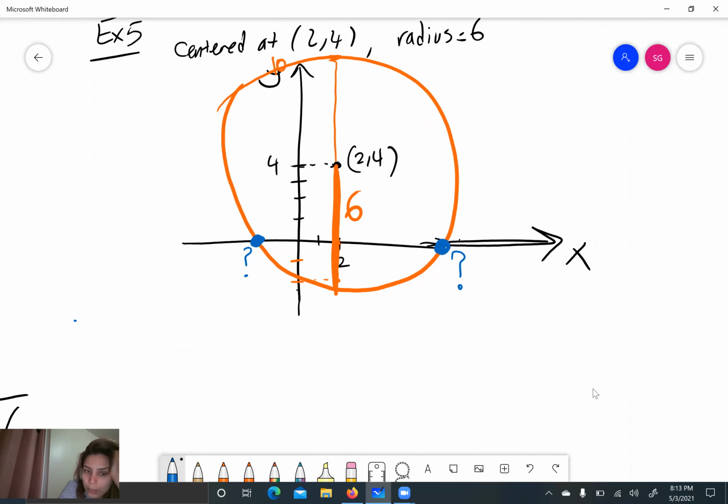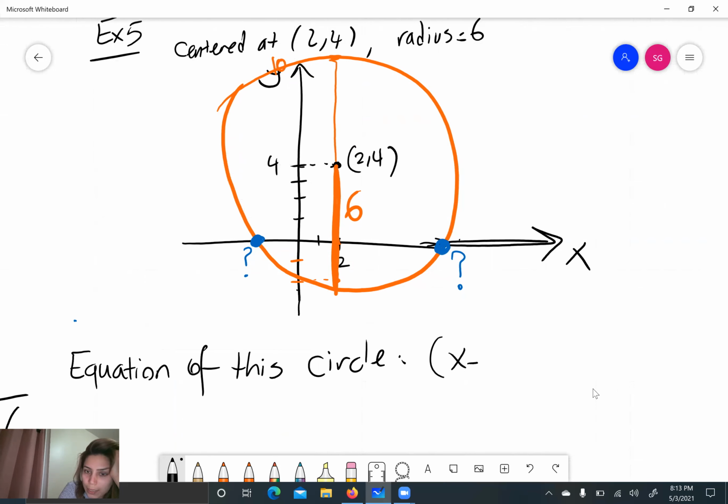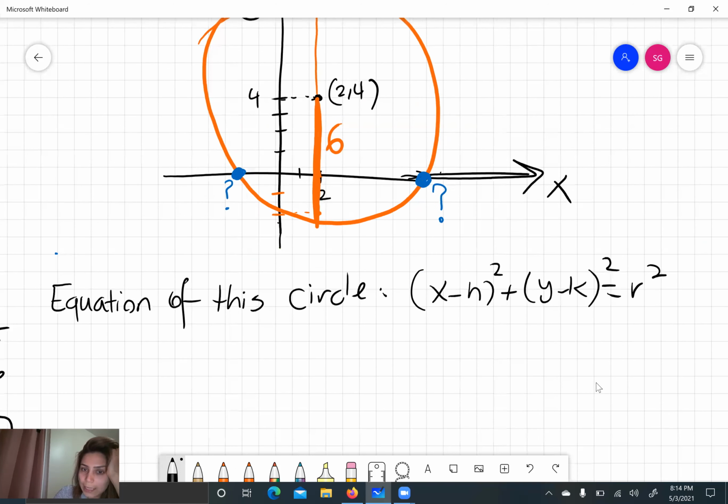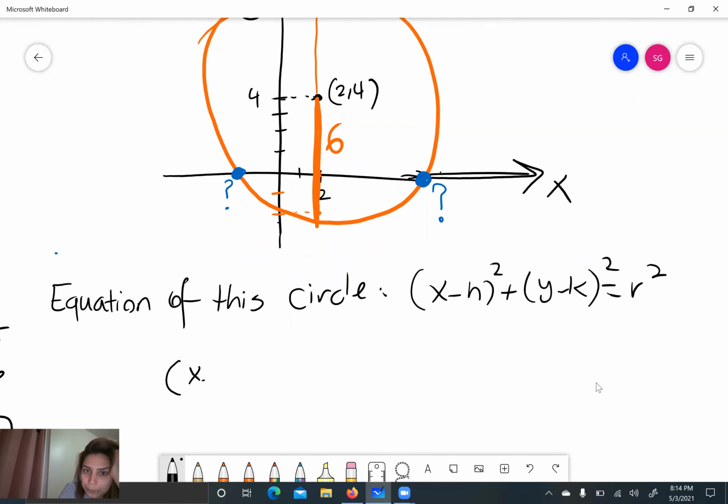So the equation of this circle. In general, we know that (x minus h) squared plus (y minus k) squared equals r squared is the equation of the circle. In this case, the center is 2 and 4, radius is 6.